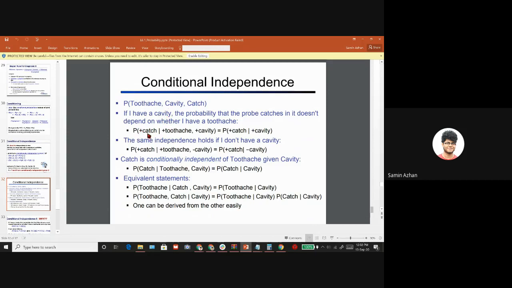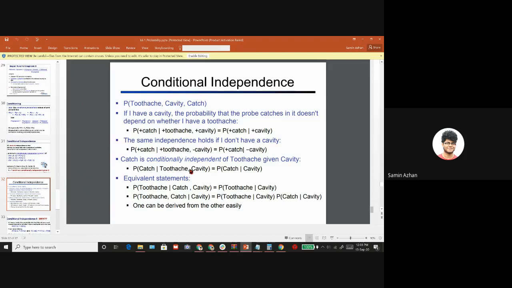So the probability of catch given toothache, comma, cavity, equals the probability of catch given cavity. So the toothache doesn't matter here. And similarly, if the toothache doesn't matter, we can do that for negative cavity as well. And if we can determine these two things, that the probability of catch depends only on the cavity, then we can determine this equation here.